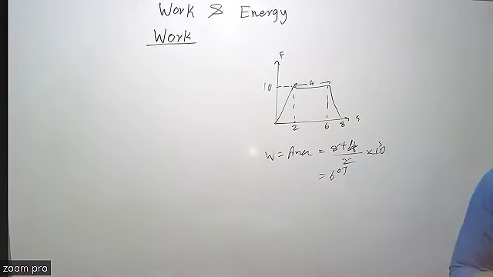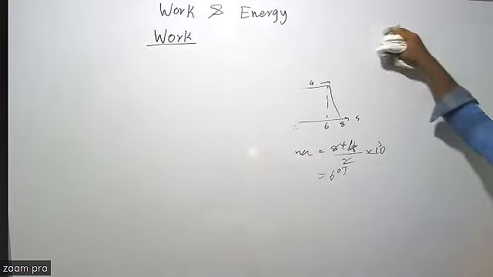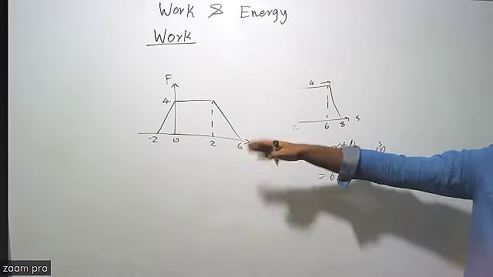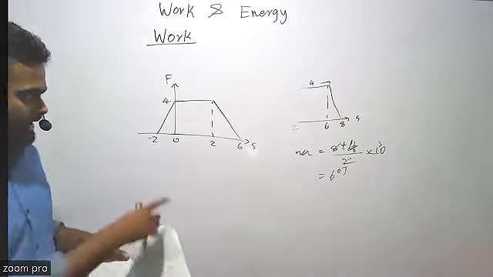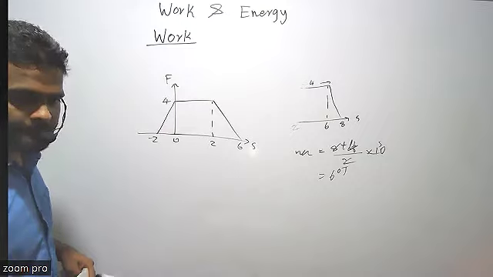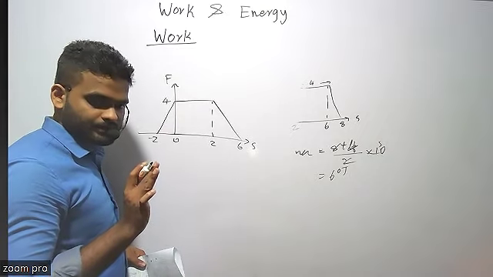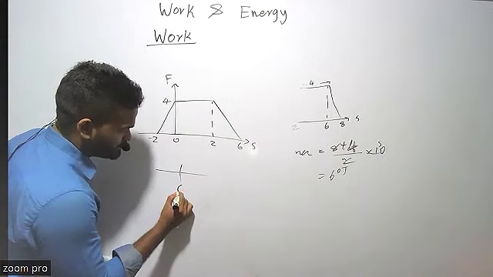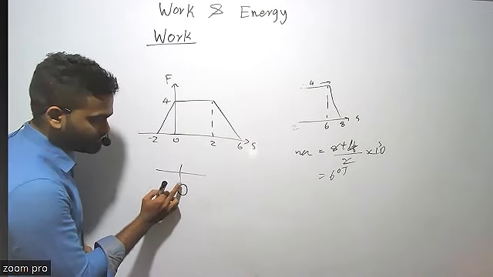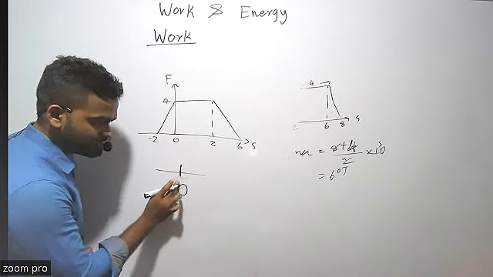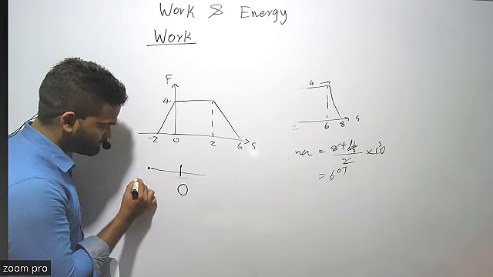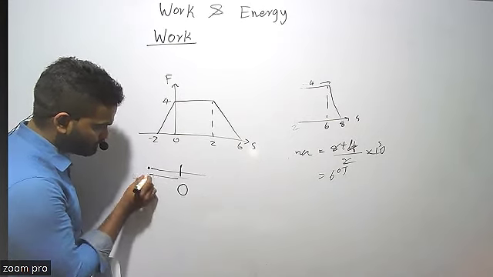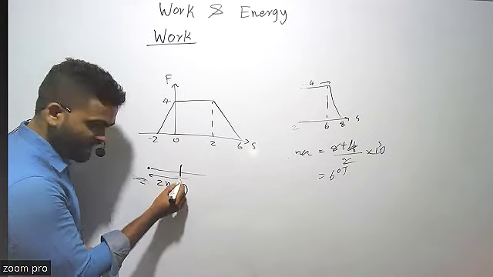Okay, try the next one. That also is a graph. Taking it down, right? There's some difference in this one. You have negative displacement. Carefully listen to this. Let's say you have the origin, where the displacement is 0. Initially the object is here: -2 means the object is 2 meters behind the origin.